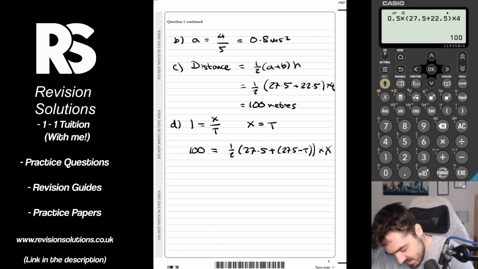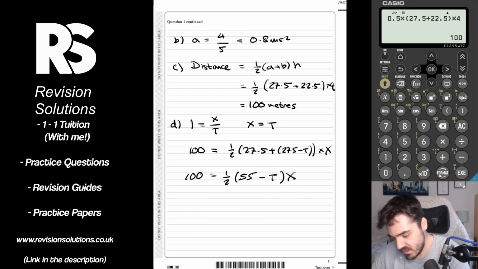If we simplify that, we'd have 100 equals a half times 2 lots of 27.5, which is 55, and then minus t, and then multiplying by x.